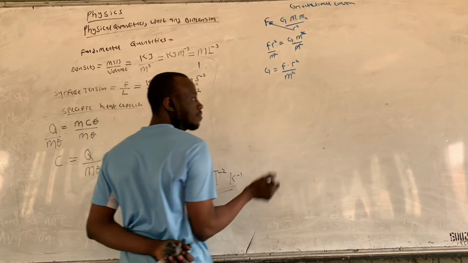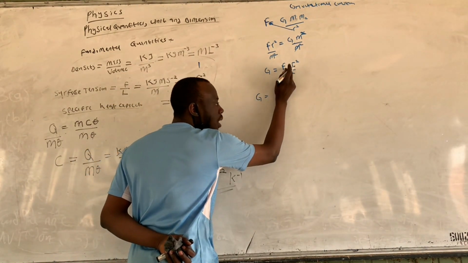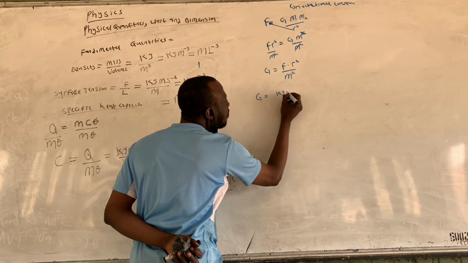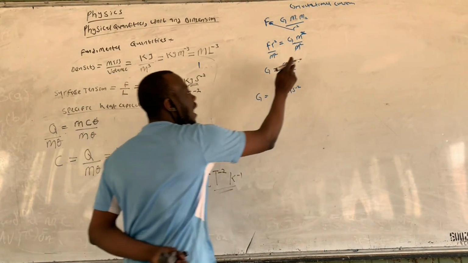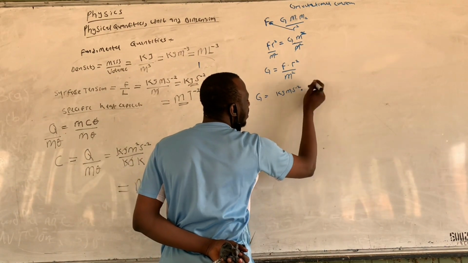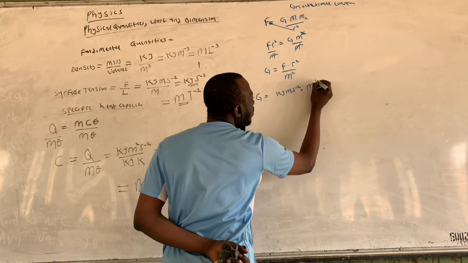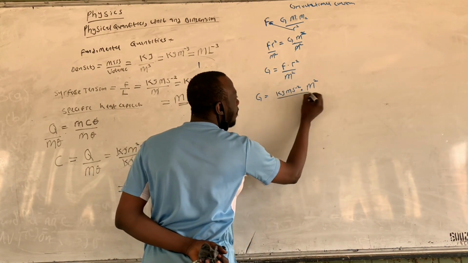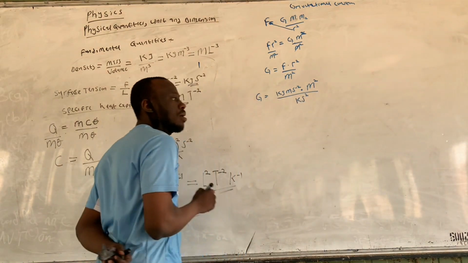Now G here, this is force, and force is in kilogram meter per second squared, times r, the distance of separation, so meter squared, then over mass, kilogram squared.